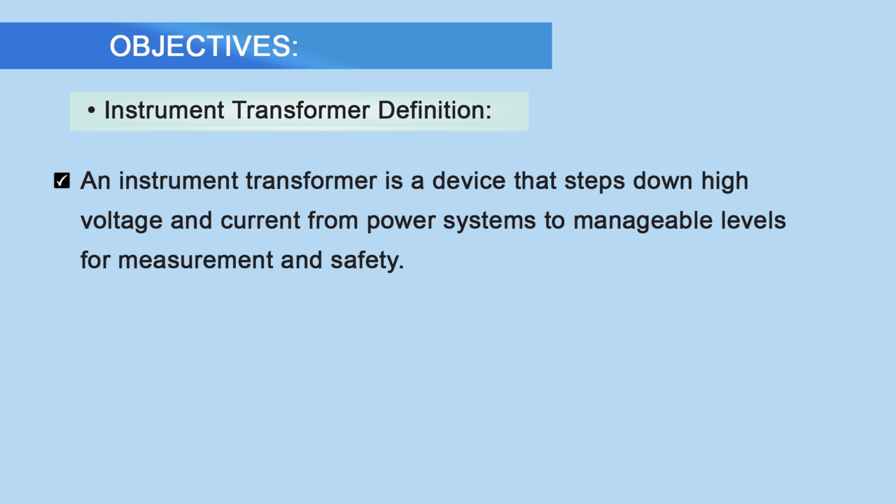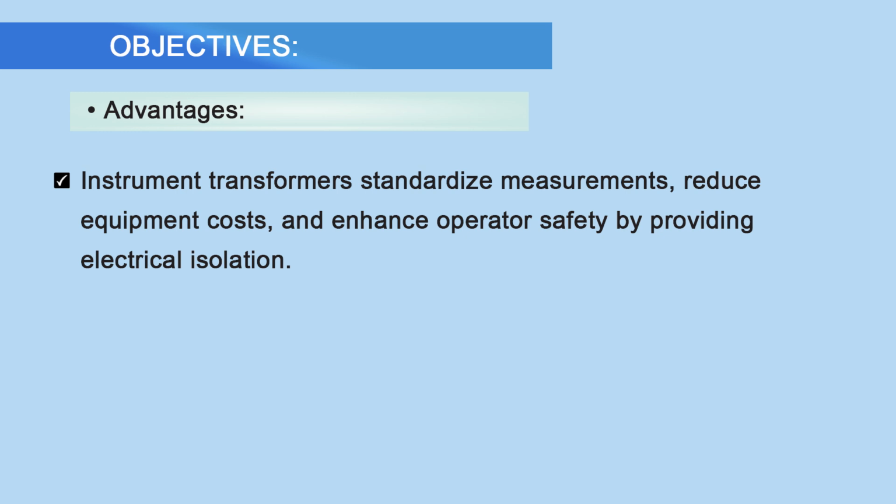So in this lecture we will be discussing about the instrument transformers, which is a device that steps down high voltage and current from power systems to a manageable level for measurement and safety. So we will also discuss the advantages.